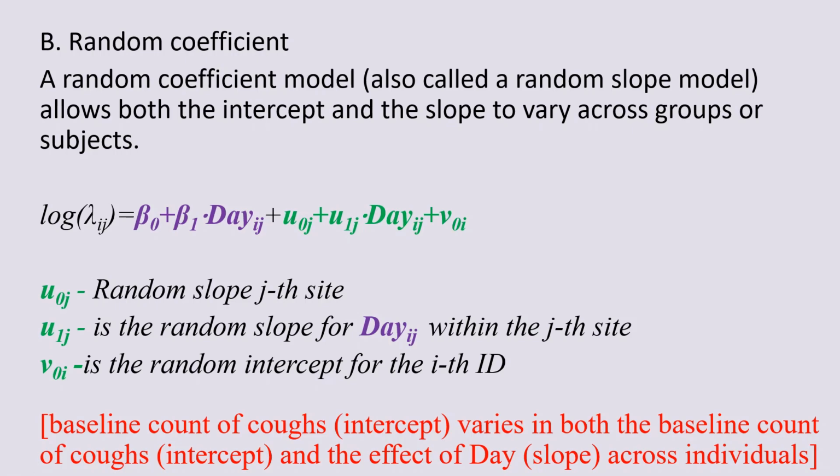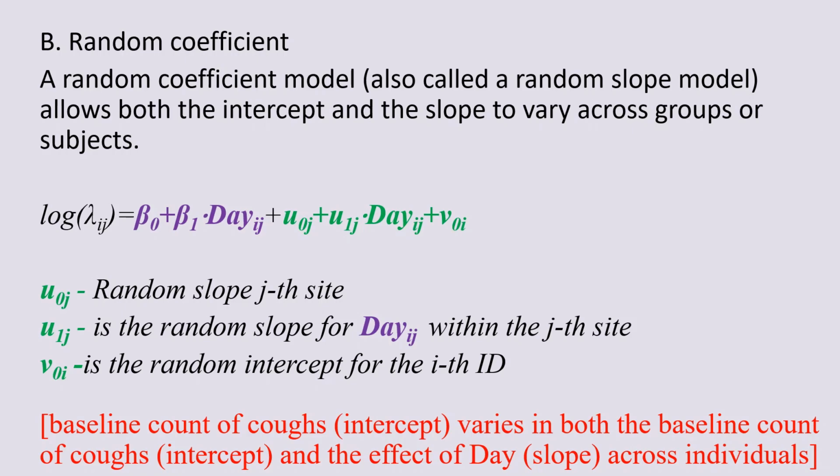We either assume that the changes in the frequency of coughs happen within the individual and within the site. They're independent within the individual and also within the site, and also happen during a given day. I may repeat that. There are two scenarios here. We either assume that the days have no effect on the coughs, or we can also say that it's only the site and the individuals that have an effect on the cough.